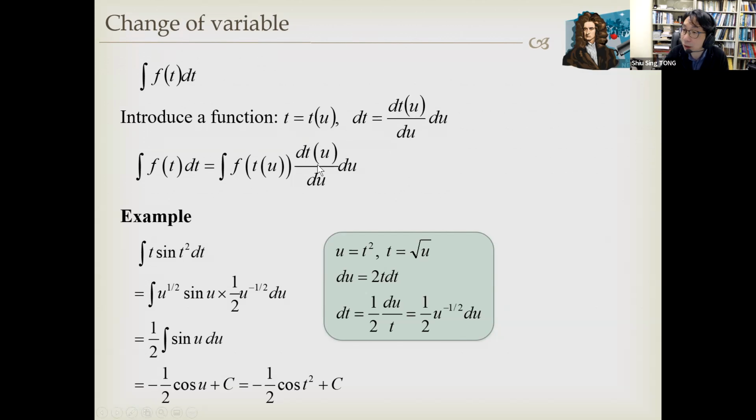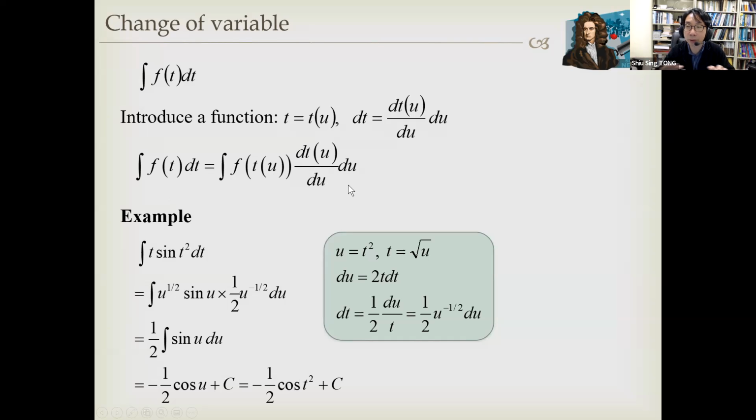Okay, now because everything is given as a function of u, the t disappears. After this replacement, the dt becomes dt/du du. But t is given as a function of u, so the t disappears here, and I multiply by du. Again, the t disappears. And I also can express the t inside the function f as a function of u.